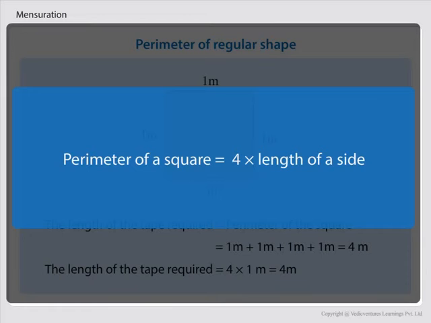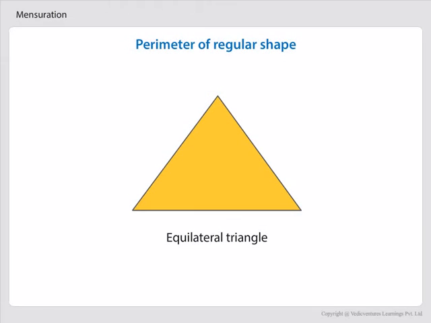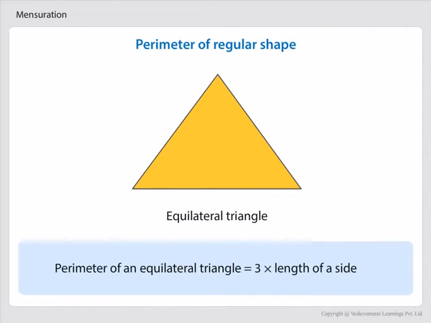Perimeter of a square equals 4 into length of a side. You already know that all the 3 sides of an equilateral triangle are equal. So perimeter of an equilateral triangle equals 3 into length of a side.